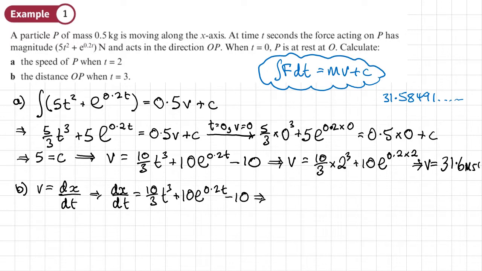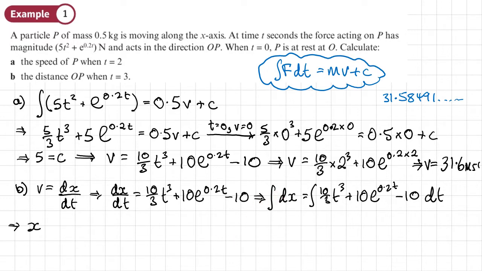and this is going to be separating out the variables, so we'll put the integration as well. So we'll basically have an integration of dx, we'll times both sides by dt, so that's going to be an integration of 10 over 3 t cubed plus 10 e to 0.2t minus 10, all integrated with respect to t. The left hand side is pretty much like integrating 1, so that just becomes x.